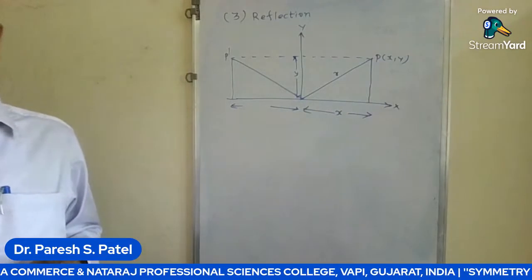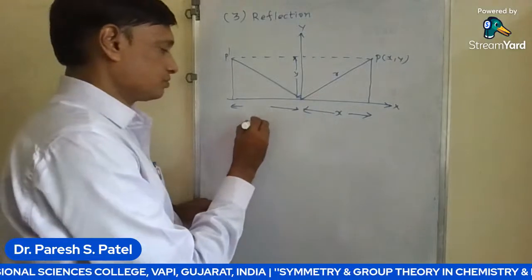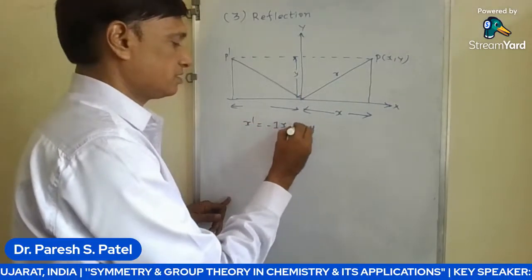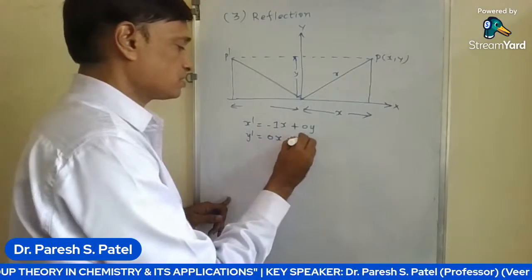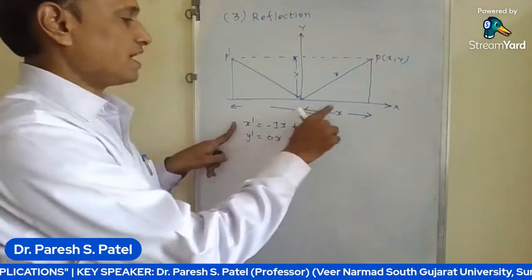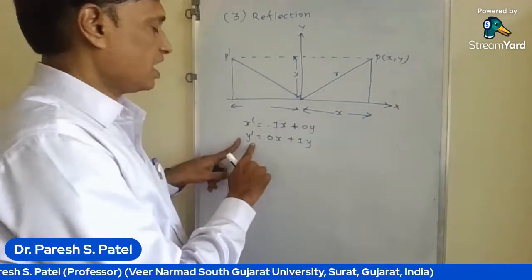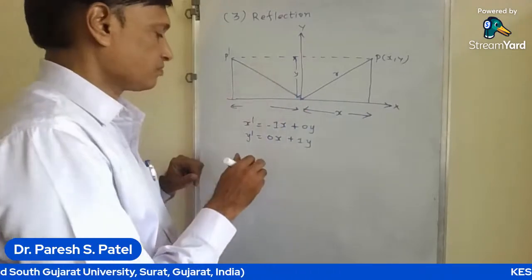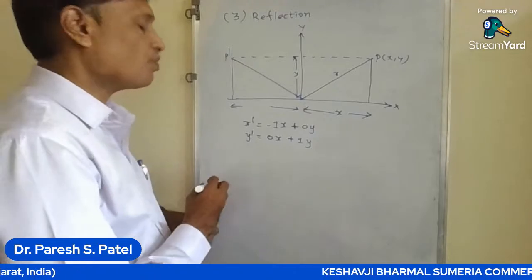So this can be represented as x dash equal to minus 1 into x plus 0 into y, and y dash equal to 0 into x plus 1 into y. So along the x-axis, x becomes minus x, and there is no change in y. And along the y-axis, y becomes y. It means this can be represented as 0 into x plus 1 into y.